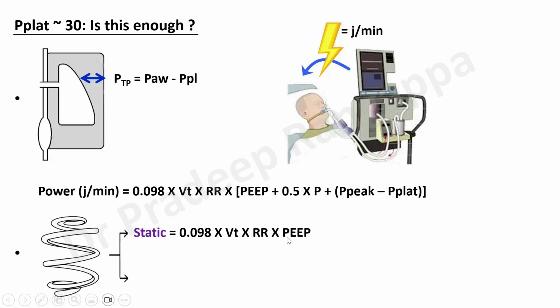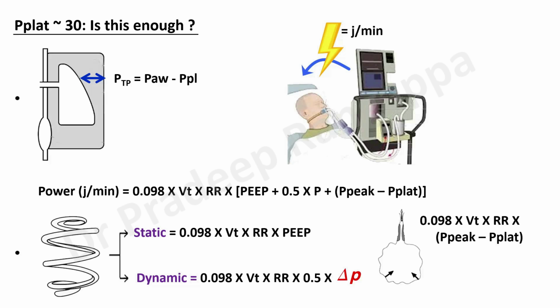Easy to remember. You just have to remember these three things: 0.098 into tidal volume into respiratory rate, and the last one you keep changing. For dynamic, it is the same thing: 0.098 into tidal volume into respiratory rate into half of driving pressure. And for resistive, because resistance of the airways is dependent on the peak pressure, it is just 0.098 into tidal volume into respiratory rate into peak pressure minus plateau.